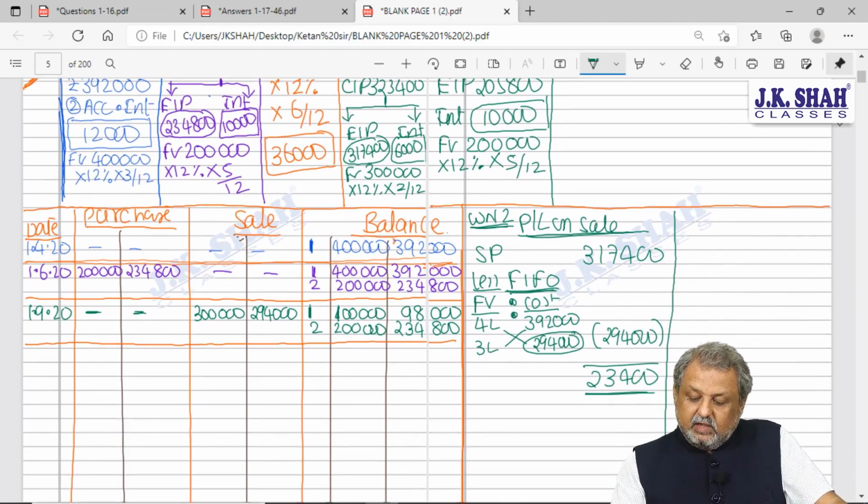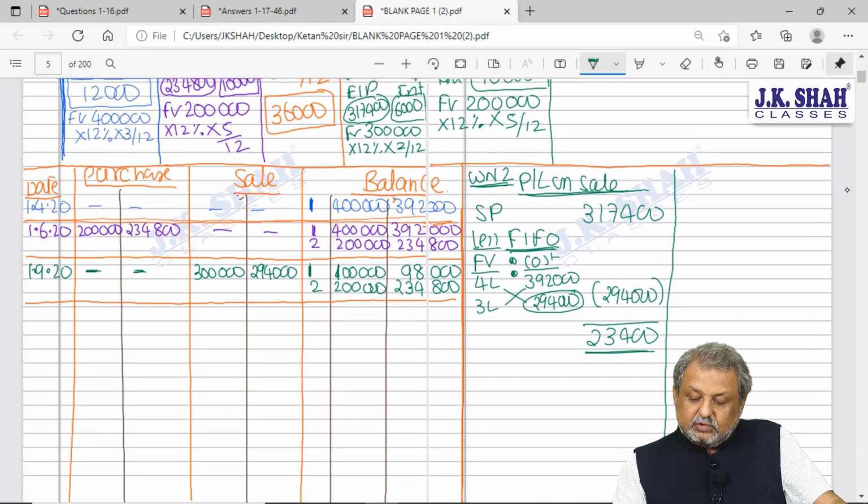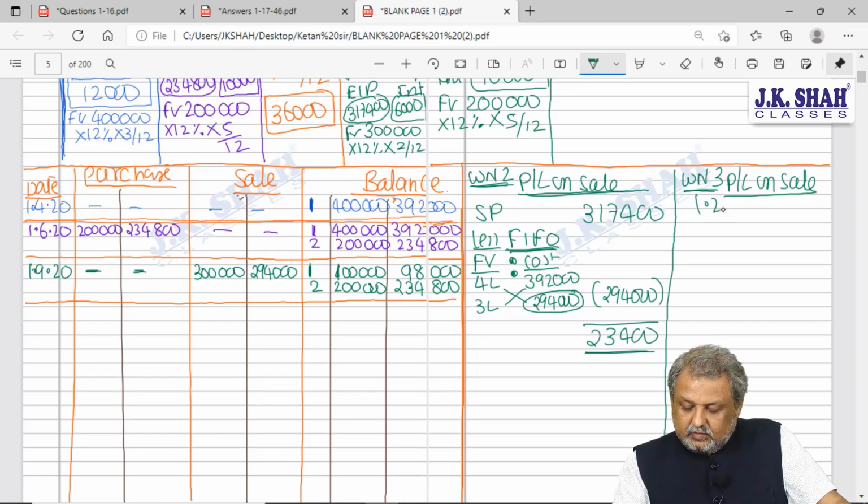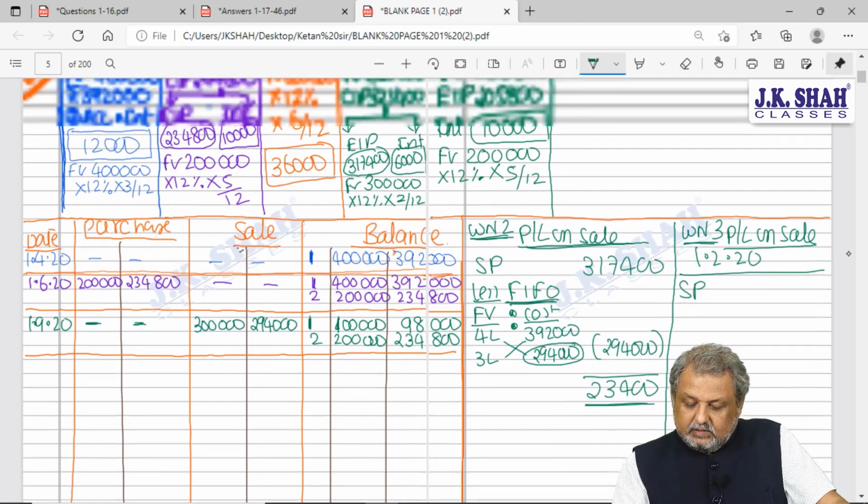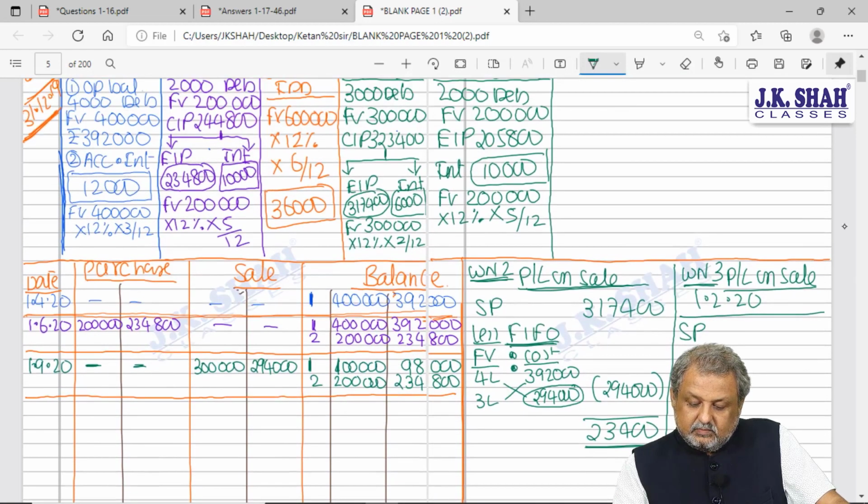But now again you should find out profit or loss on sale. So working note 3, profit or loss on sale, 1st December 20. Selling price 2,05,800 less FIFO cost.